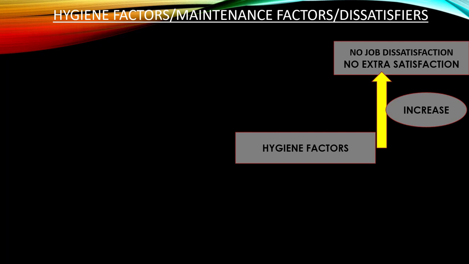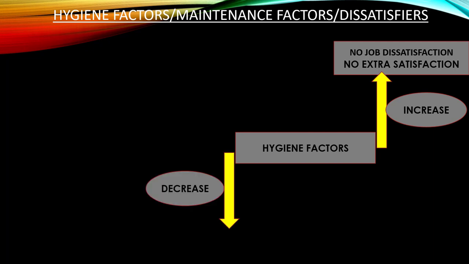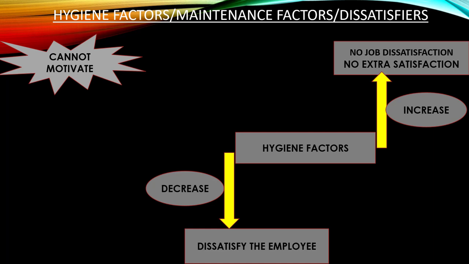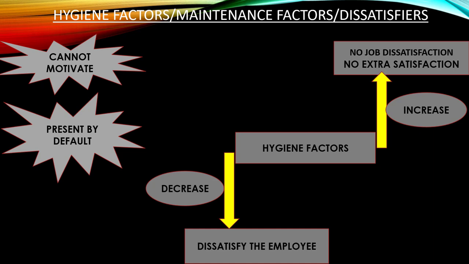However, he will not have any extra satisfaction because of the presence of these more hygiene factors. Whereas if there is a decrease in the hygiene factors, then it will dissatisfy the employee. So the hygiene factors cannot motivate the employee. Their presence or absence will never motivate an employee, because these are the factors which are expected to be present by default. Right? Now let's take an example.